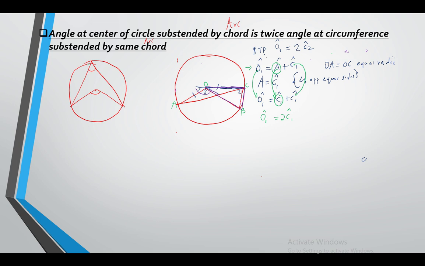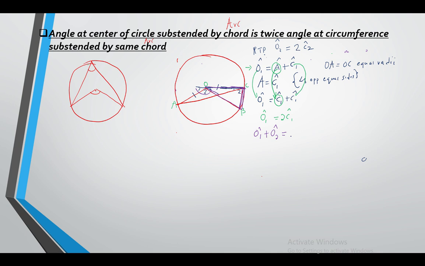Yes, in this triangle COB, O1 plus O2 is the exterior angle of that triangle. And we know that O1 plus O2 is equal to the exterior angle of a triangle, which is equal to the sum of the opposite interior angles.